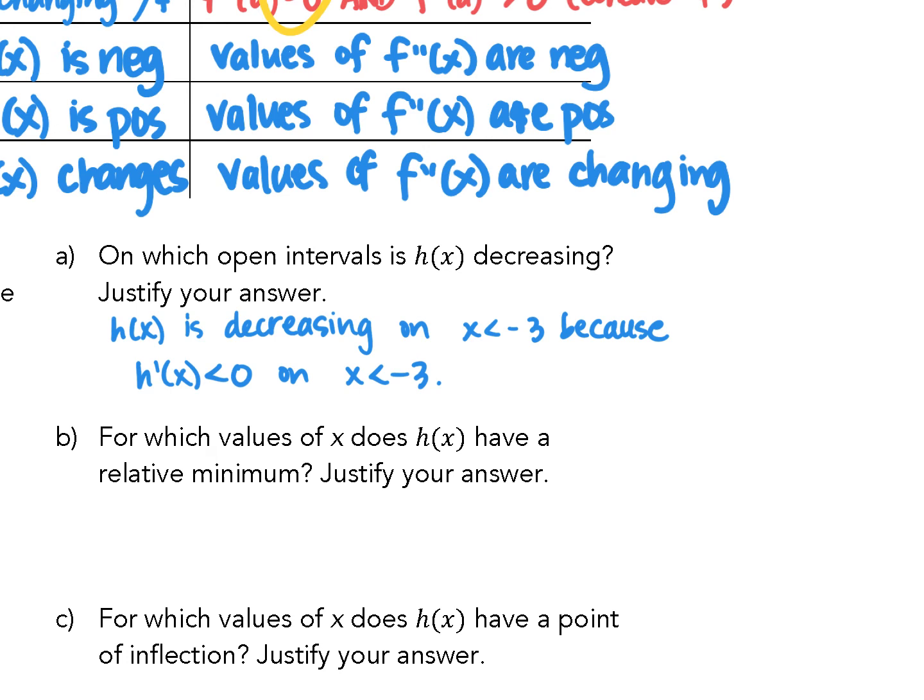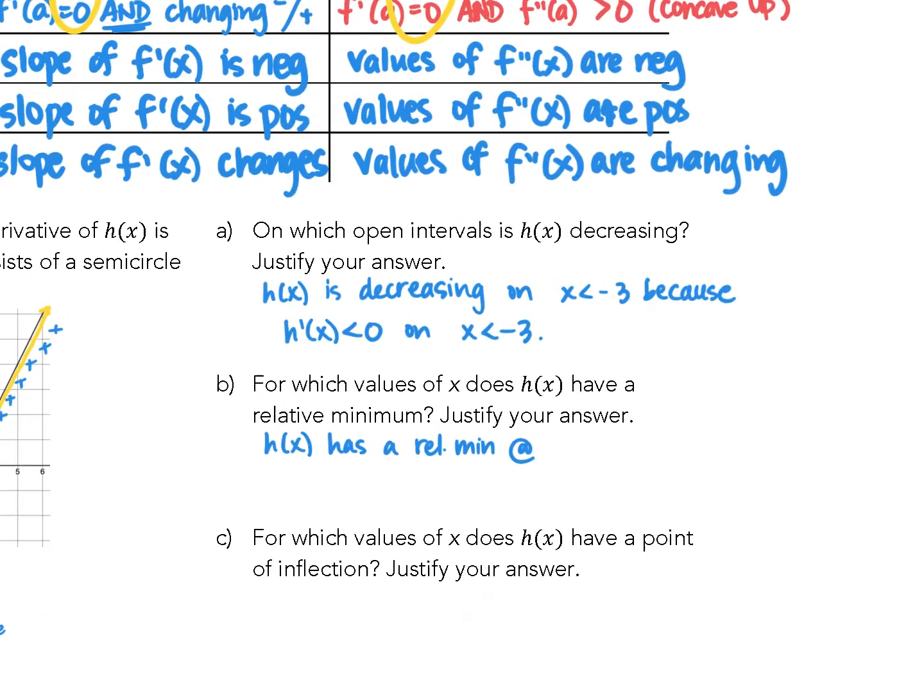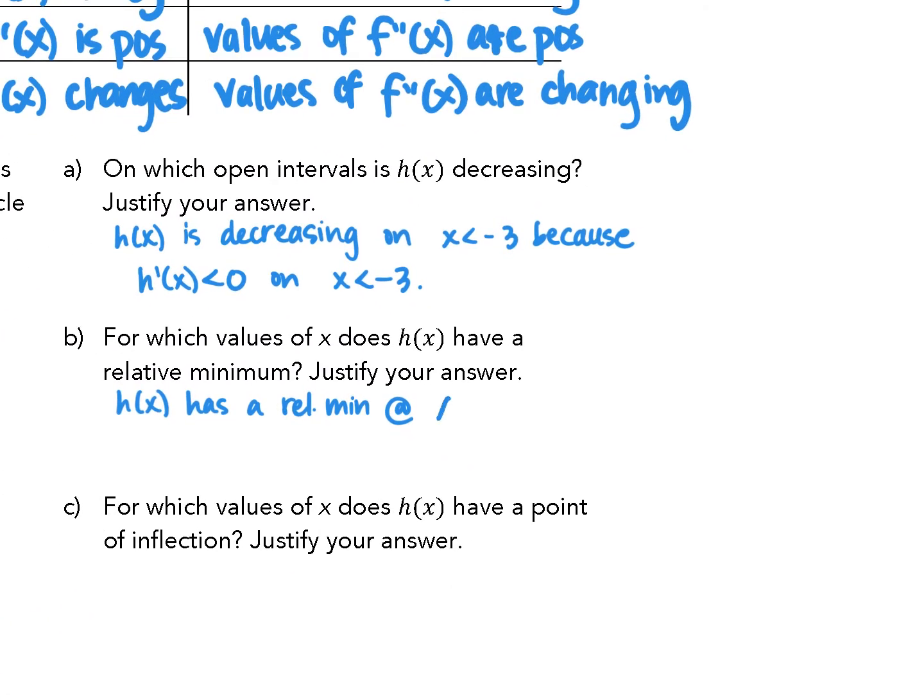All right, so then where does h of x have a relative minimum? So h of x has a relative minimum where, well, it only changed one time. It changed at -3. So you say where, because. All right, now we have to have two parts of the reason.